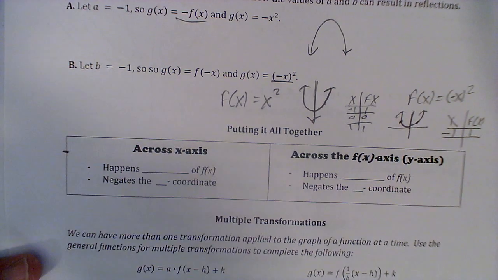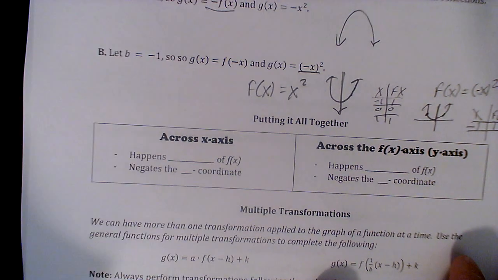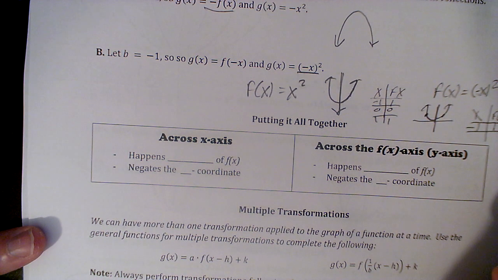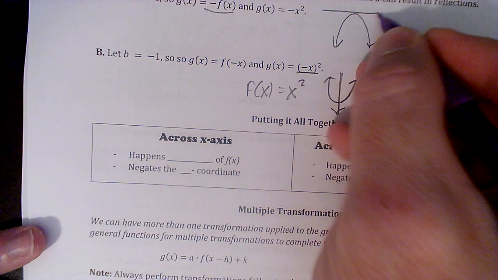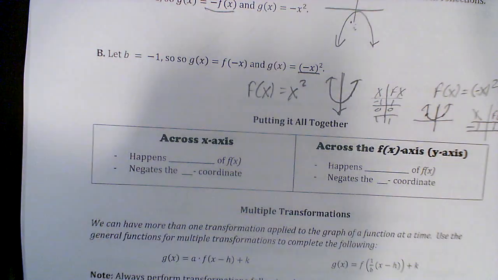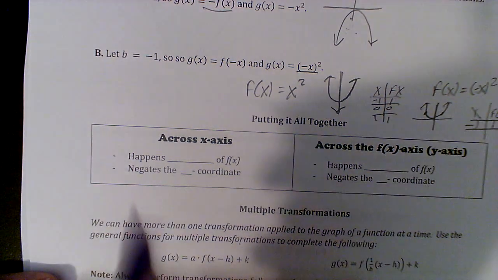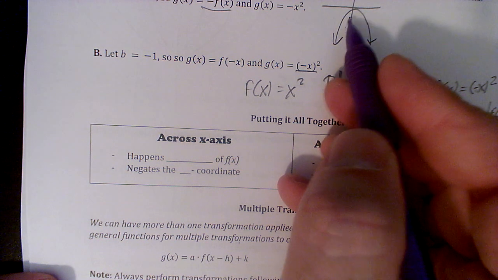So, across the x-axis, so let's just do it here. Across the x-axis, see, this is the one that goes across the x-axis. That is going to happen when your y changes, right?